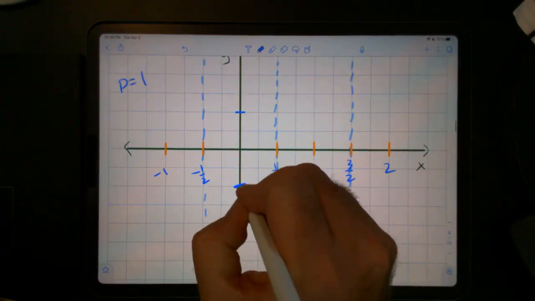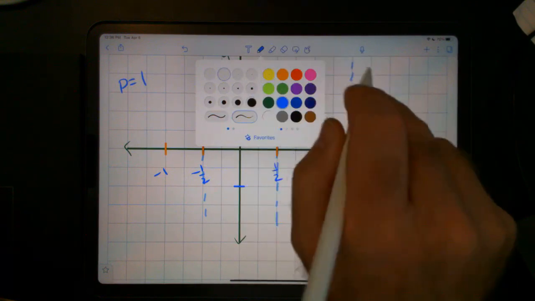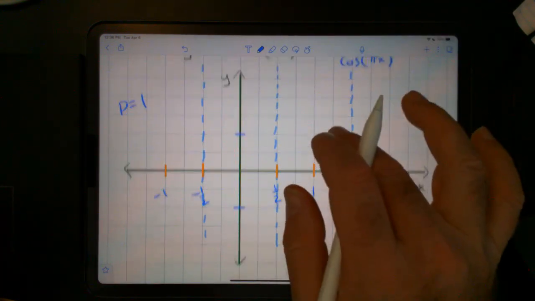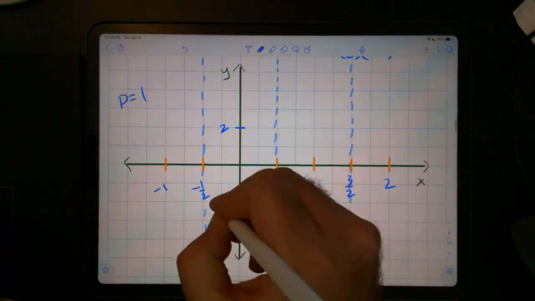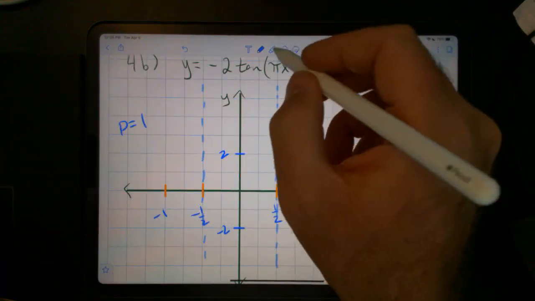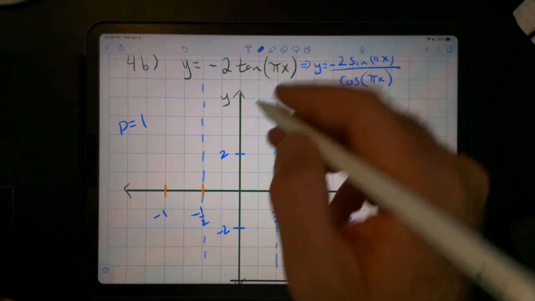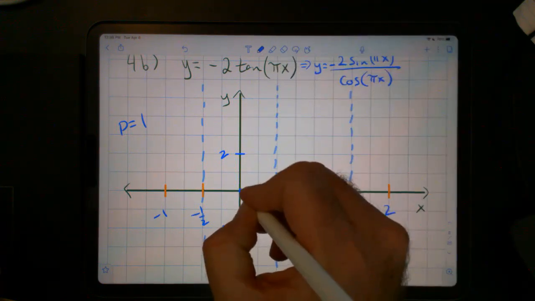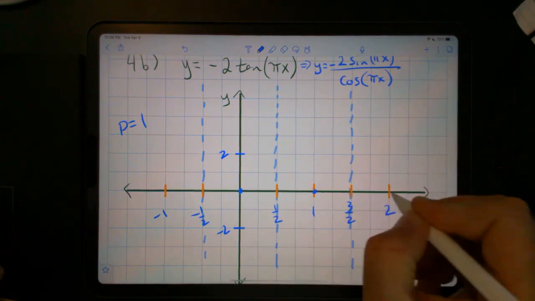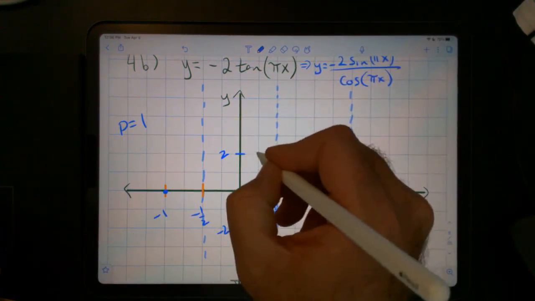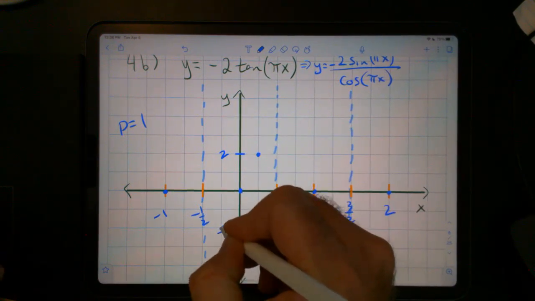I can scale this vertical line however I like, so let's make this a 2 and a -2. And then this would give us the same shape as what we did earlier. This also goes through here, here, and here. And here, and here.